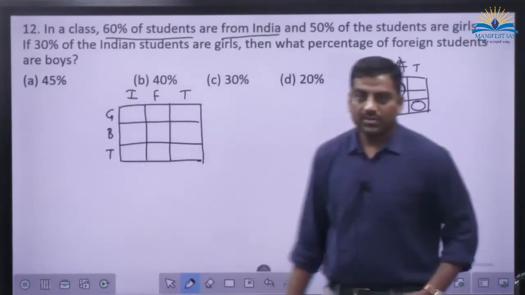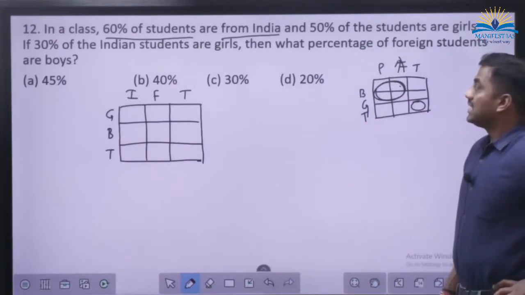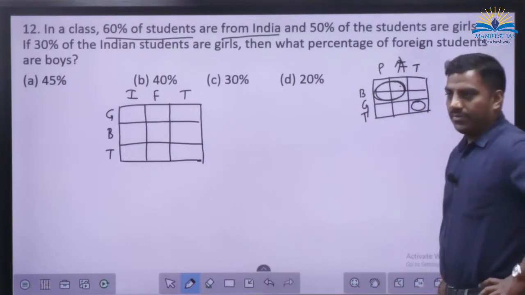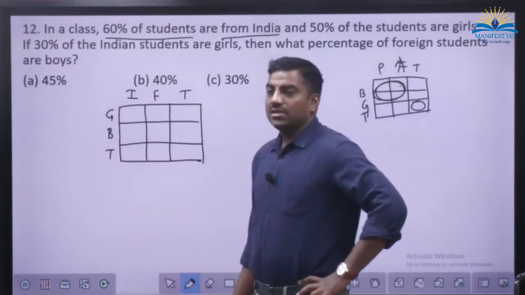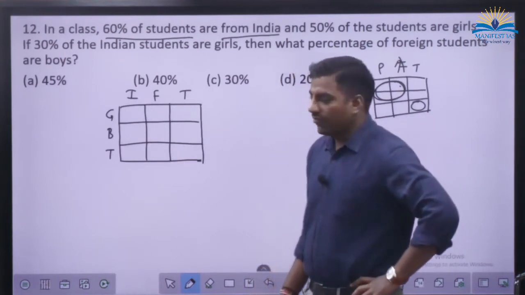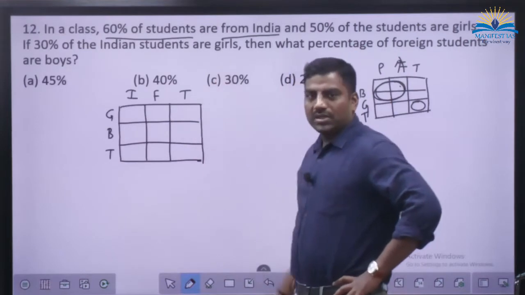Can we make it? Yes. Now, 60% of the students, total 60% of the students are from India. Where should I fill this? 60% of the students are Indians. Where should I fill? You tell me the row number and column number.